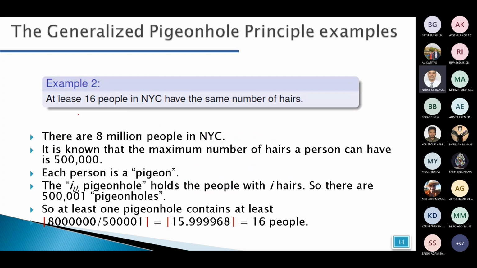Look at this example. If we speak about New York City, in New York City we have at least 16 people with the same number of hairs. From where do we calculate this? The number of people when this example was created, not now, I don't know how many now, was 8 million.